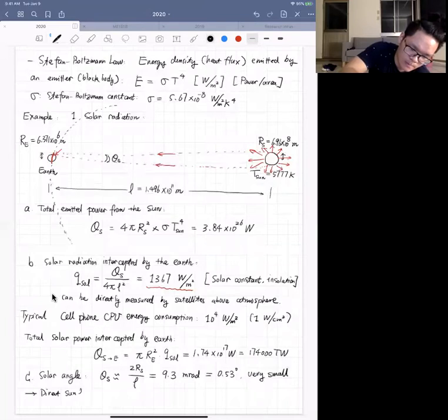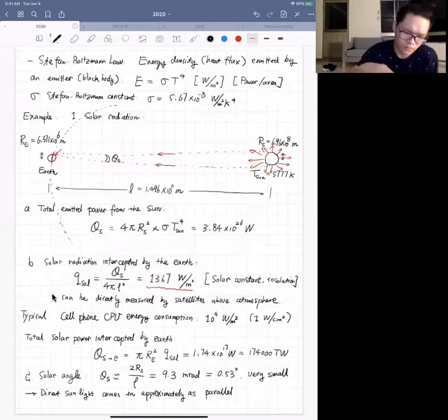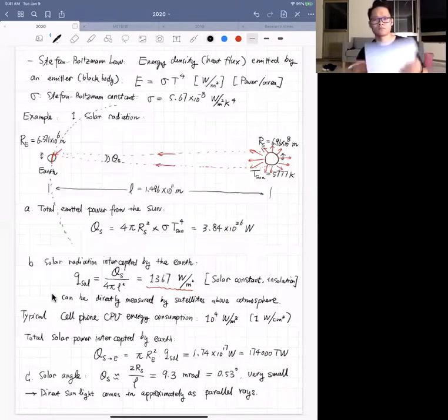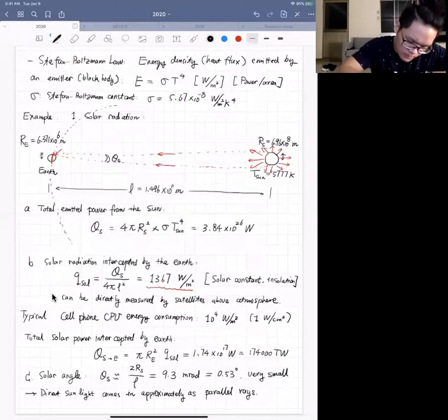So basically, if the angle is 0, which means the solar radiation comes in parallel. So direct sunlight comes in, approximately, as parallel rays. Okay, this is a very important factor to consider when we design solar energy conversion devices.